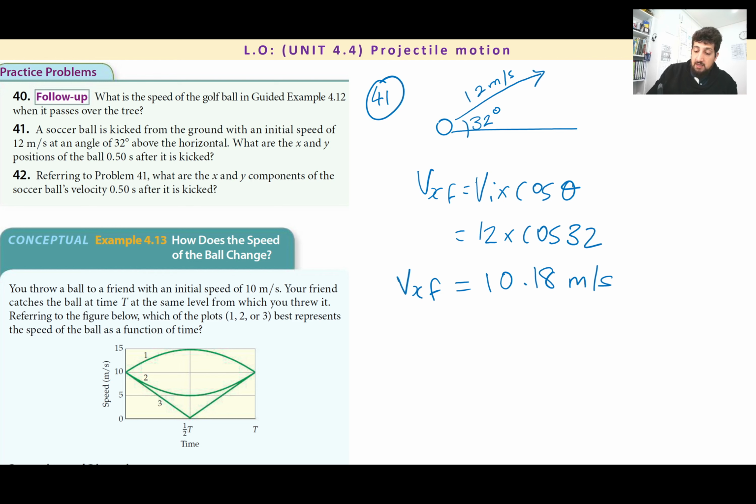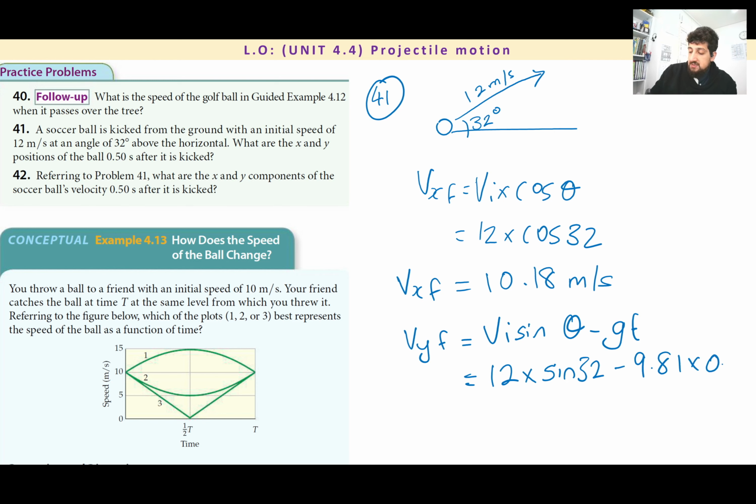So now let's have a look at the y component. Now the y component, we expect there will be time because the velocity does change with time. So it's going to be Vyf equals Vi cos theta. Oh, sorry, not cos theta. It's going to be sine theta because we're talking about opposite. Vi sine theta minus gt, which is going to equal 12, and that's the initial velocity, sine 32, that's the angle, minus 9.81 multiplied by 0.5.